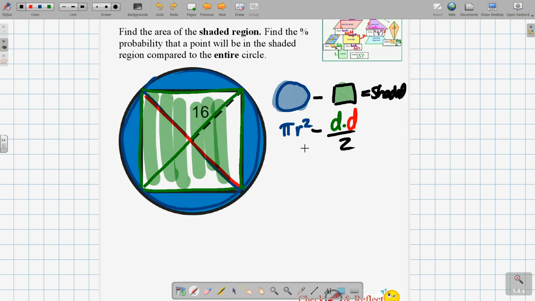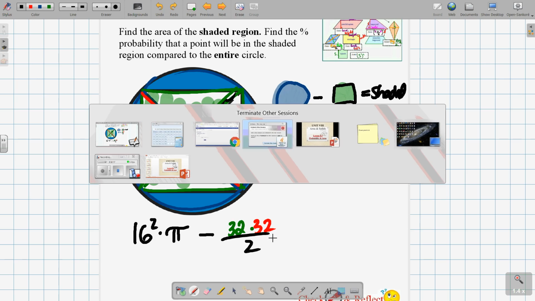So you should have done this work already. Get your red pen. Let's check it. Our radius, it's really obvious. It's 16. So we're going to go 16 squared times pi minus our one diagonal is 16 plus 16, that's 32, times our other diagonal, 32 over 2. We're going to get both these numbers.